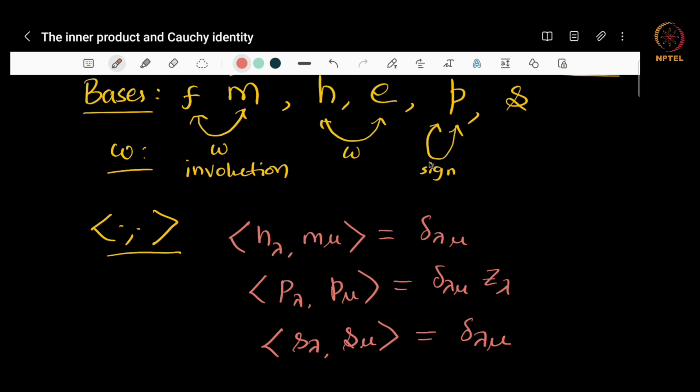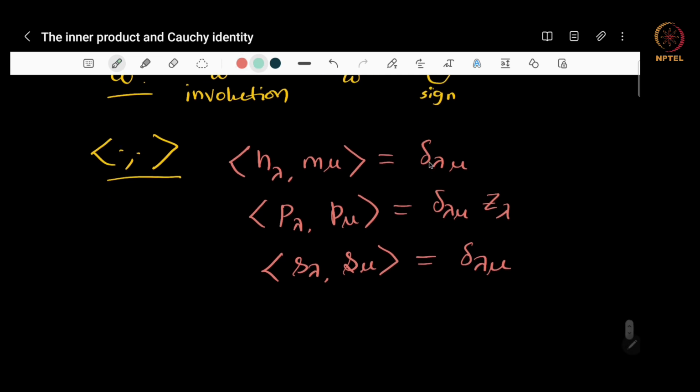Now the other interesting statement here is that the form that we have defined is in fact invariant under omega. So let's see that from this fact.